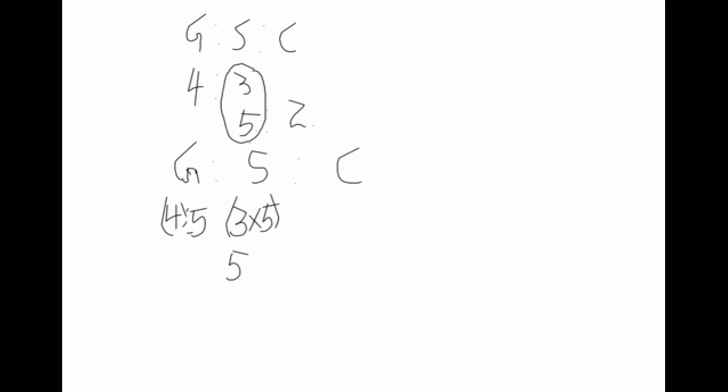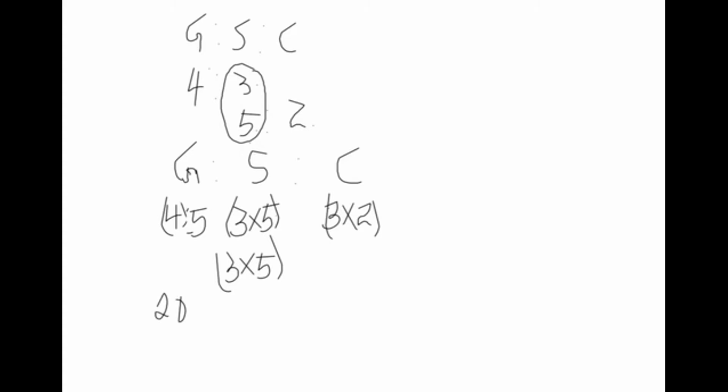So 5 we multiply by the upper ones, then 3 we multiply by the lower ones. So here we have 3 multiplied by 5. Then we have 3 multiplied by 2. So we will have 22.